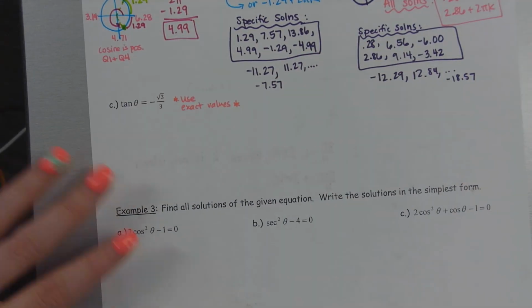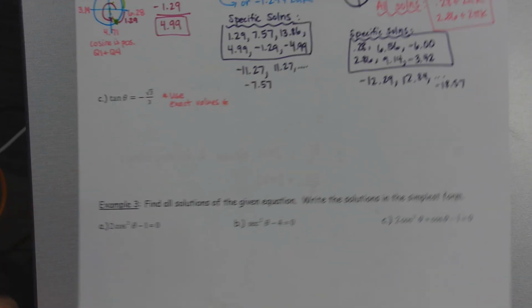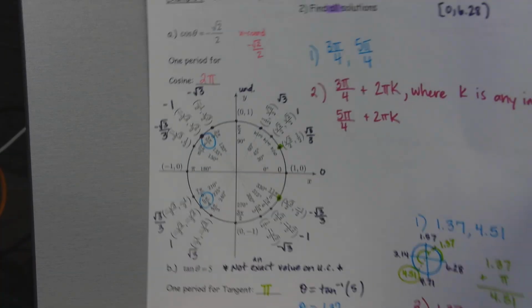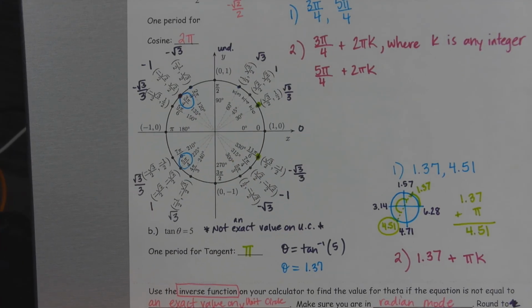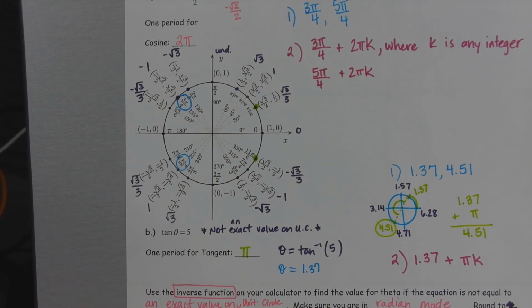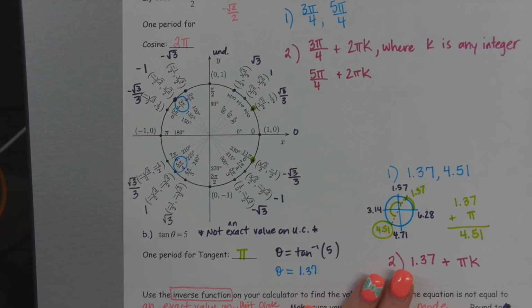Okay, so if it's an exact value on the unit circle, you are going to use an exact value. Okay, so on your unit circle here, the tangent is negative root 3 over 3. You can see the 2 places, right? Remember, for tangent, you only have to write how many places?